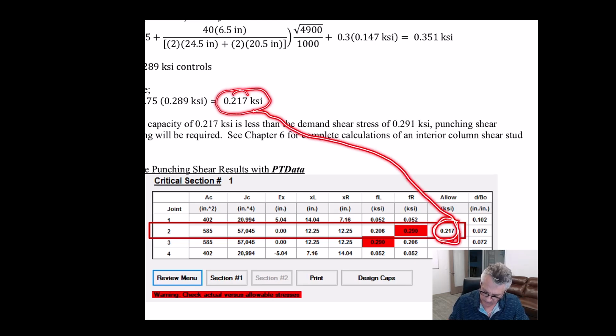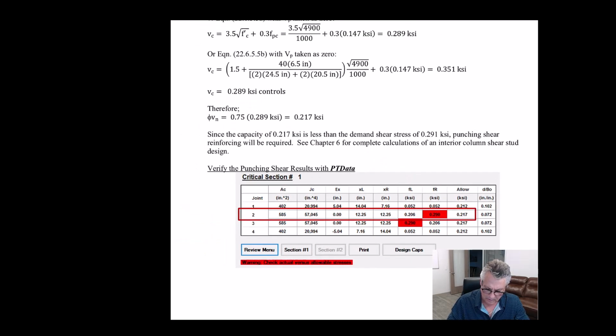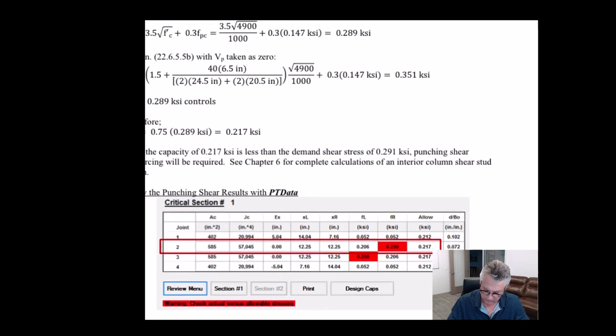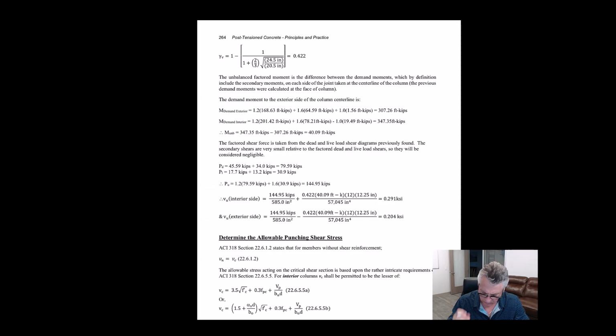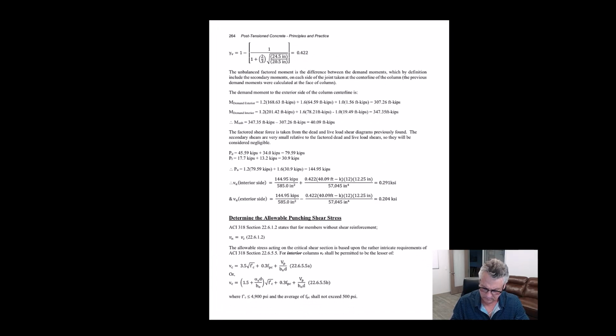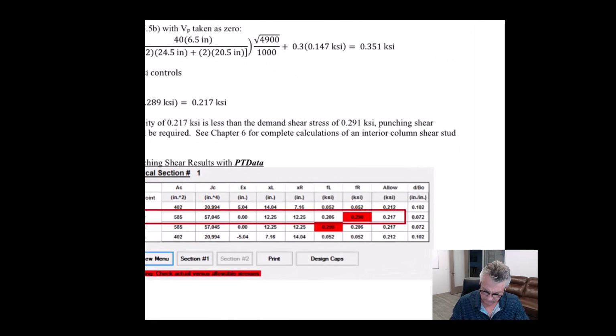We nailed that at the interior joint. And we calculated a shear stress. Remember, I think I calculated 289 or 291, sorry. Not bad. Not bad.